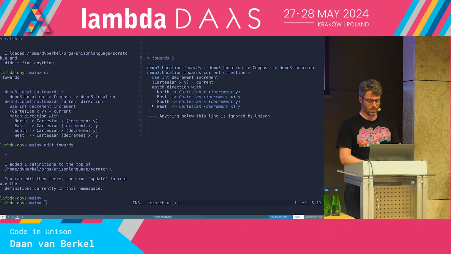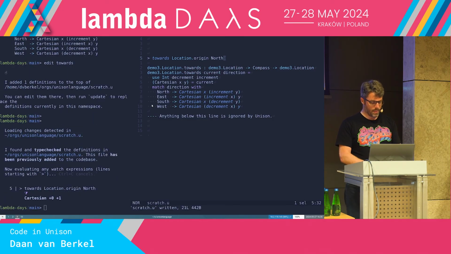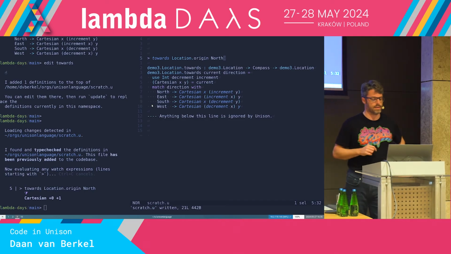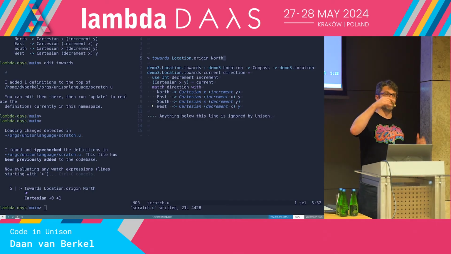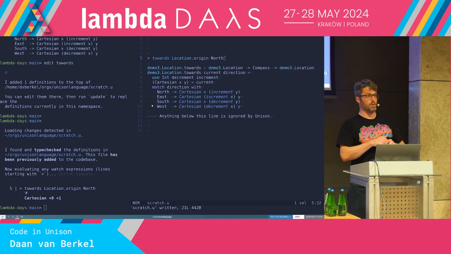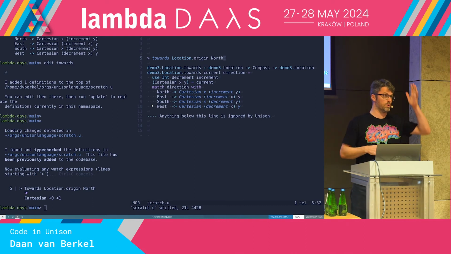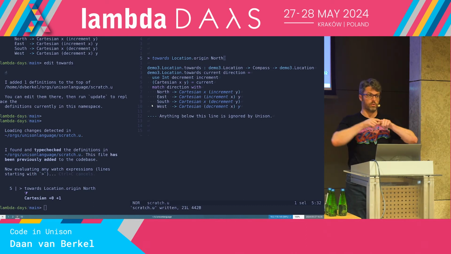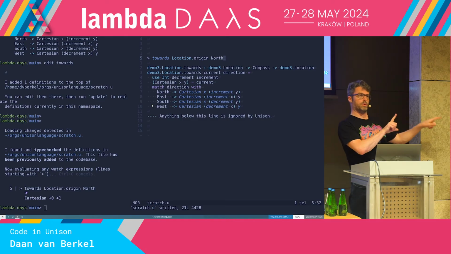And we have to give it a location, for example, the origin, and a compass direction, for example, north. And what we see below on the left side of the screen is that if we go north from the origin, we are at Cartesian location 0, 1. So the first argument is the x-coordinate, and the second is the y-coordinate, and I'm using mathematical notation.